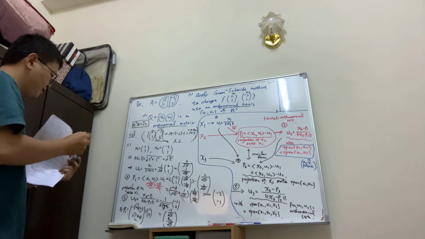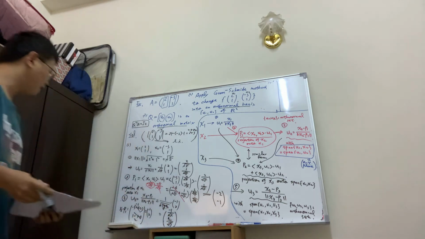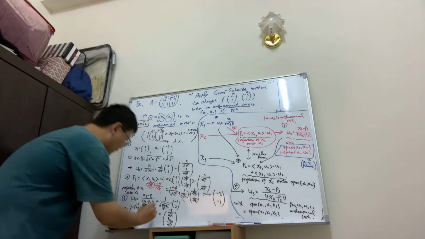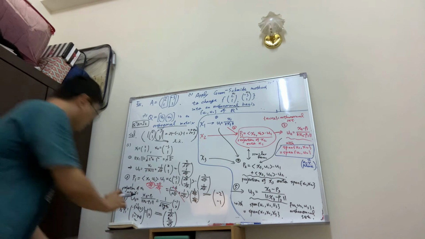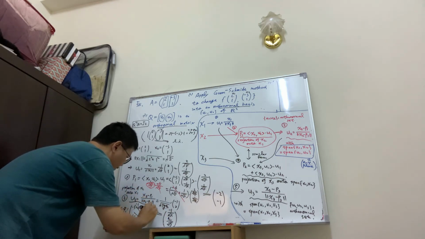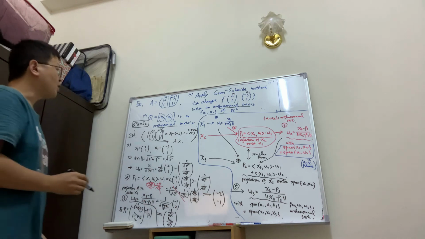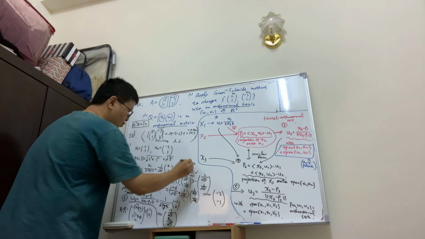Negative 1, 2, this one. So S2 subtract P1 is this vector. Oh, sorry, no. It's our U2. So U1 is this vector, U2 is this vector.